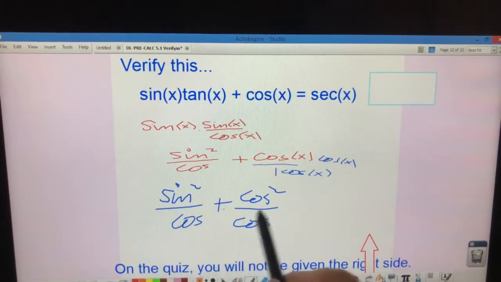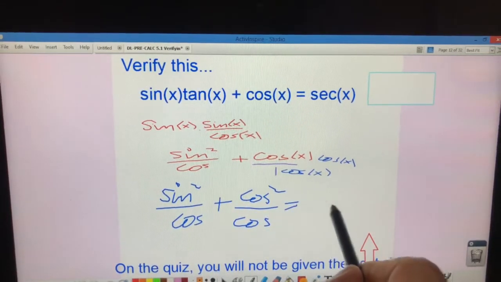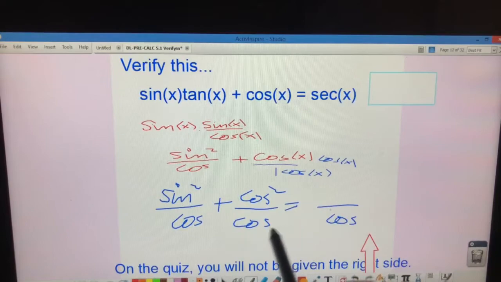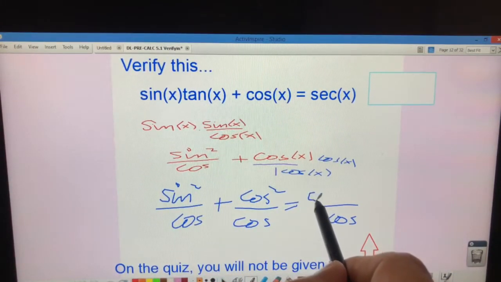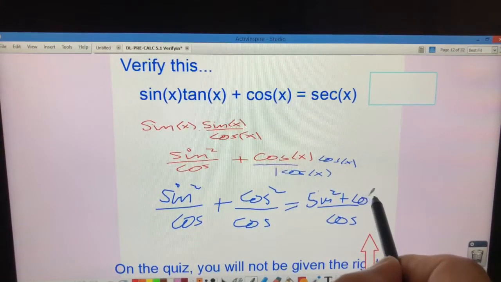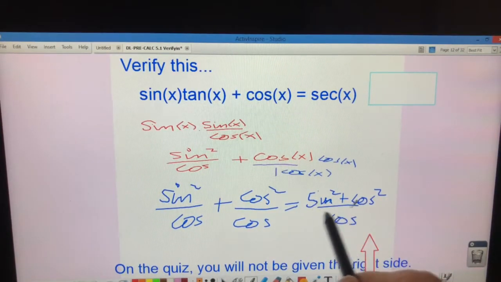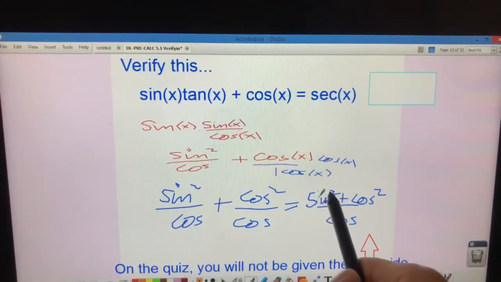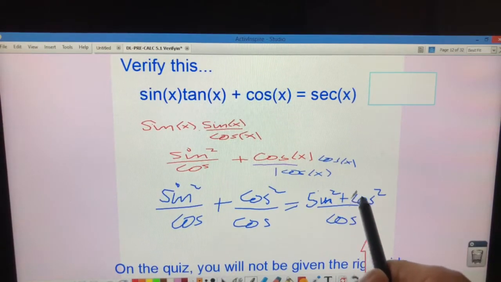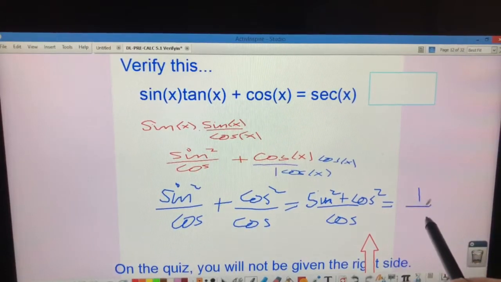Now when I add those, since they have the same denominator, I don't add the denominators. I just keep one denominator to represent the common denominator. And then you have sine squared plus cosine squared. We just briefly talked about that in the last couple of videos. Anytime you see sine squared plus cosine squared, you can make that equal to 1.